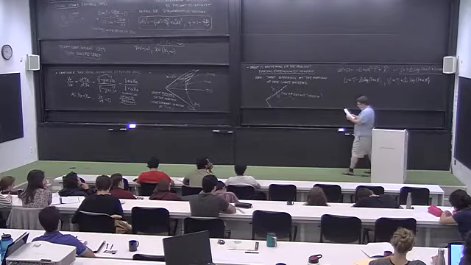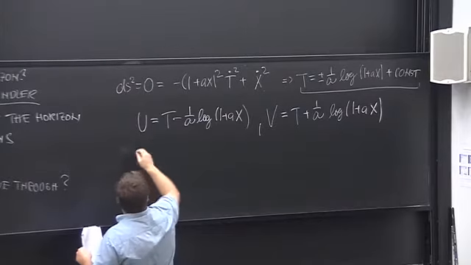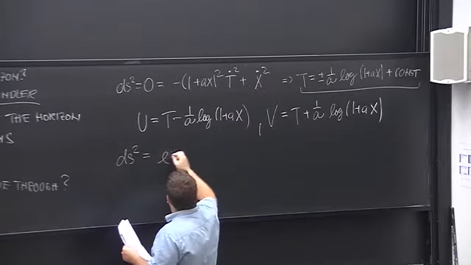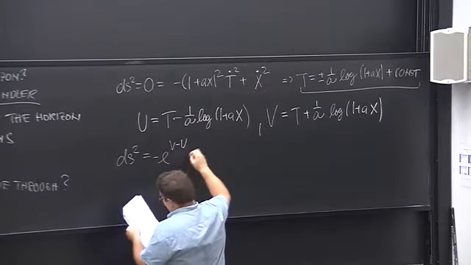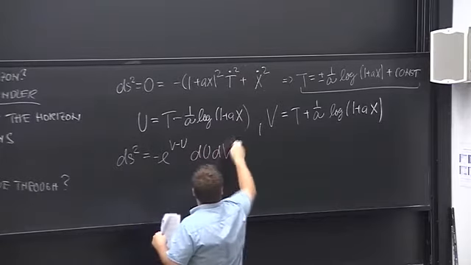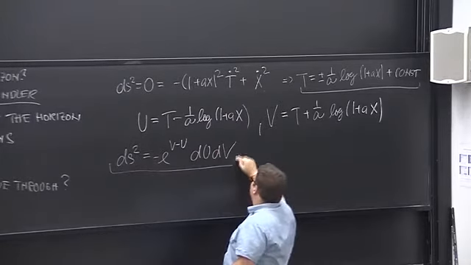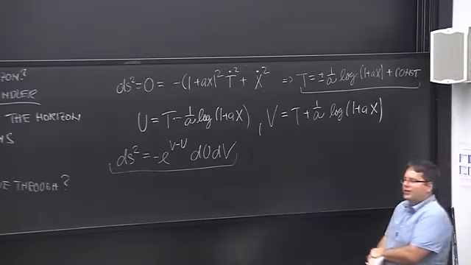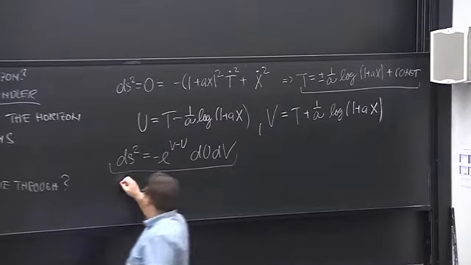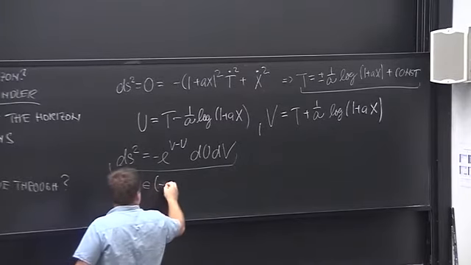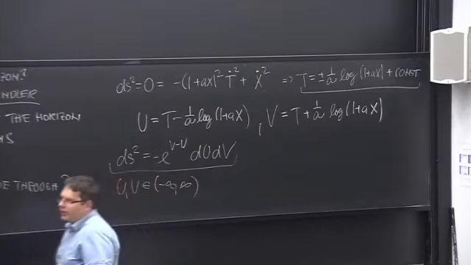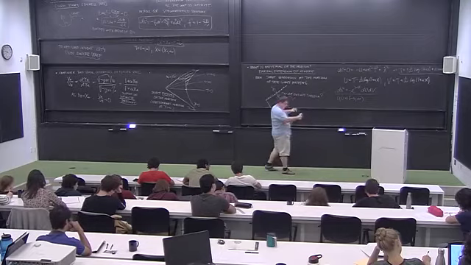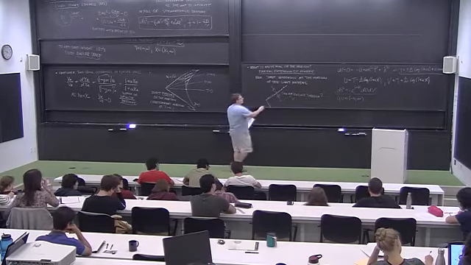Then you use this coordinate change, and you find that the metric now is e to the v minus u du dv. Now if you look at this metric, my coordinates u and v can go from minus infinity to infinity. However, if you look at where u is infinite, it's precisely here.